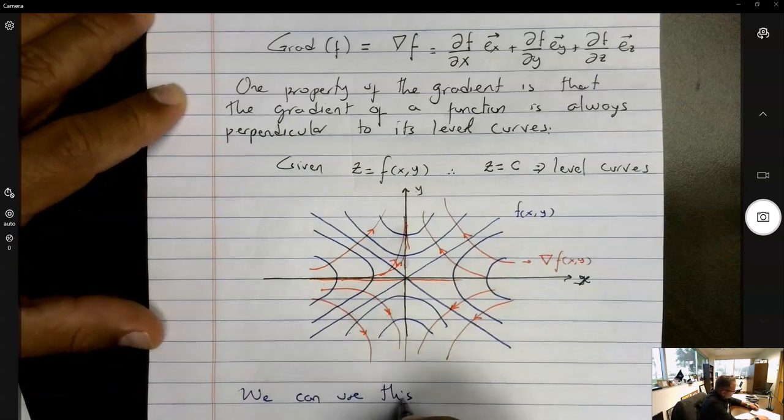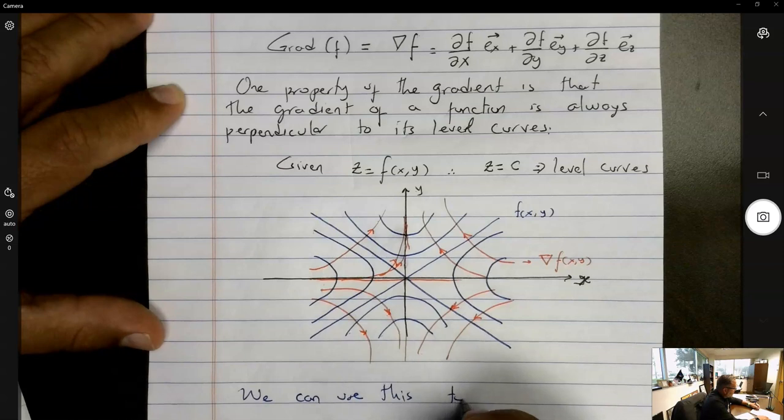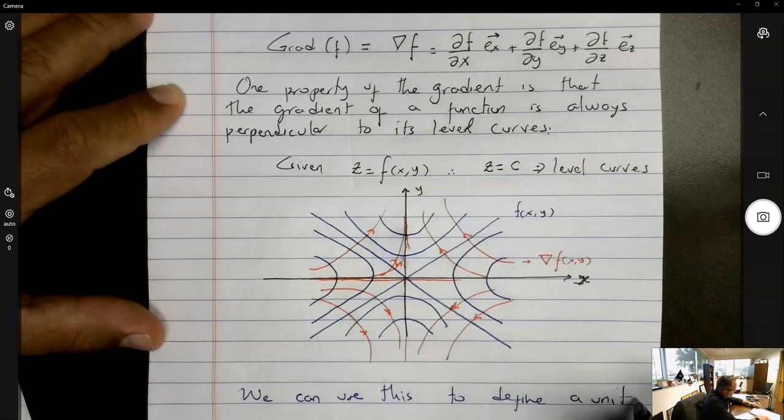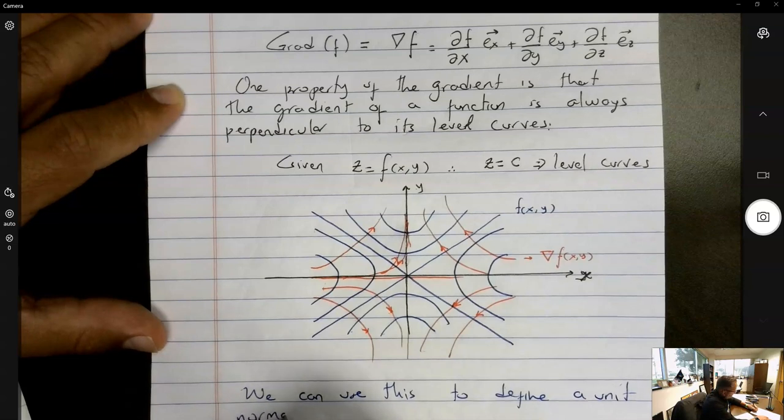So we can use this particular property to define a unit normal vector to any set of level curves or 3D surfaces.